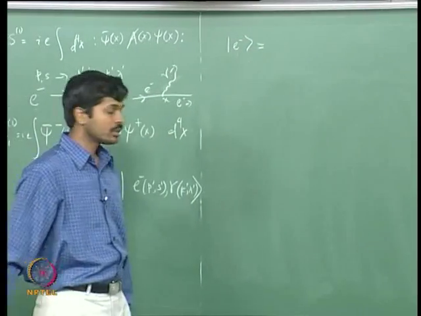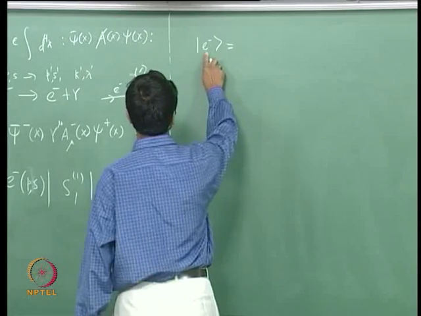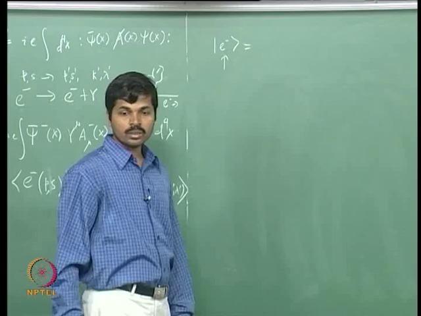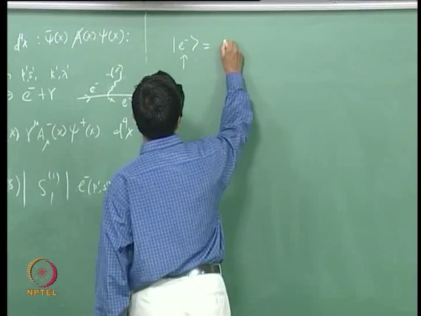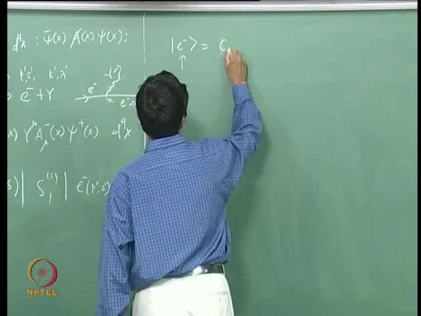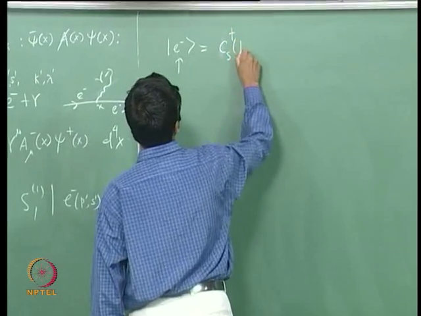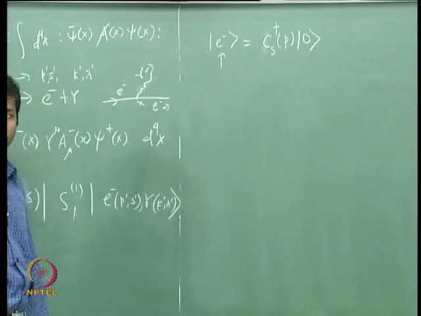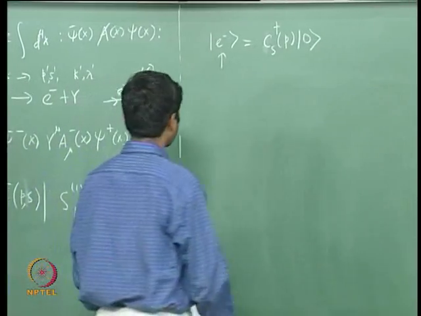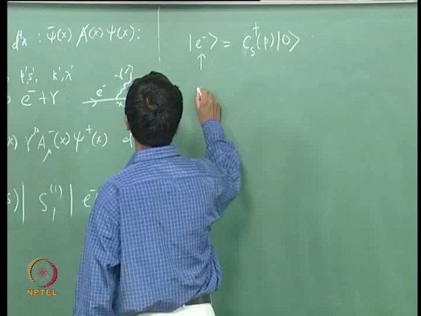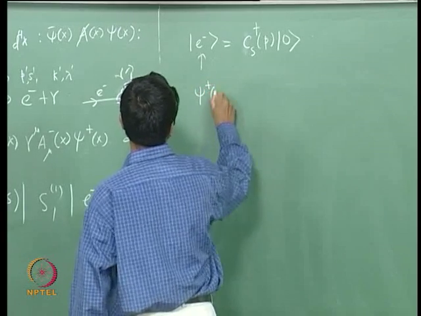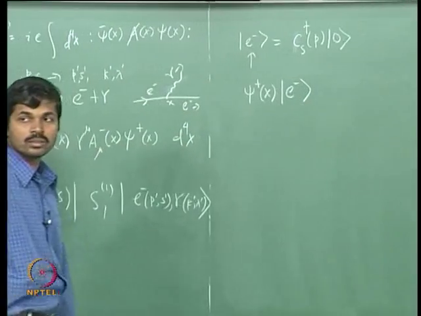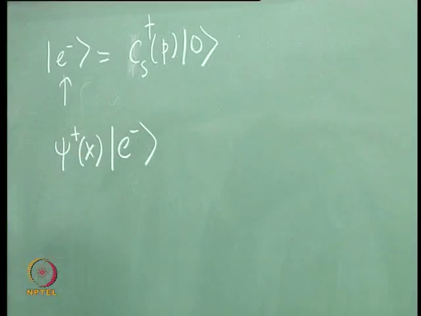Let's say this represents the state with momentum p and spin s. Therefore, this state for the electron is given by C s dagger of p acting on the vacuum. Now, what we would like to know is what happens when I consider psi plus of x acting on this state.